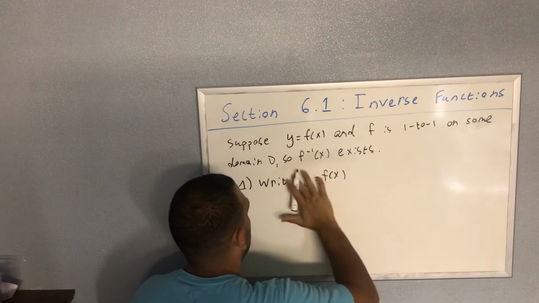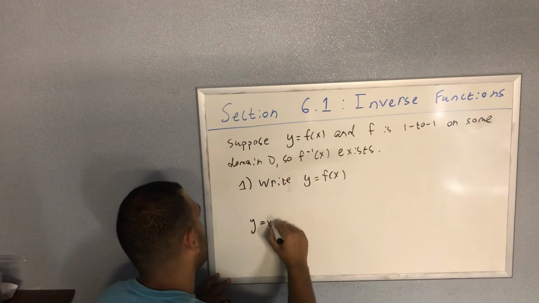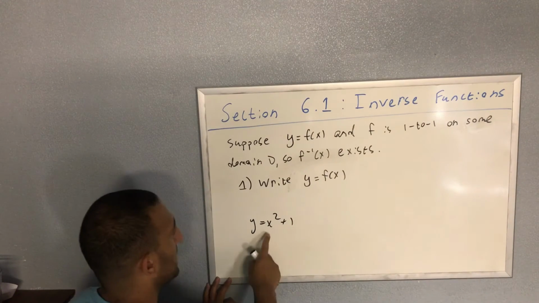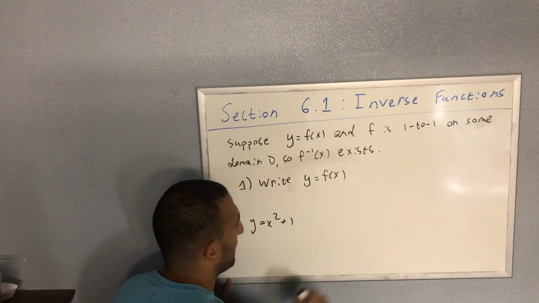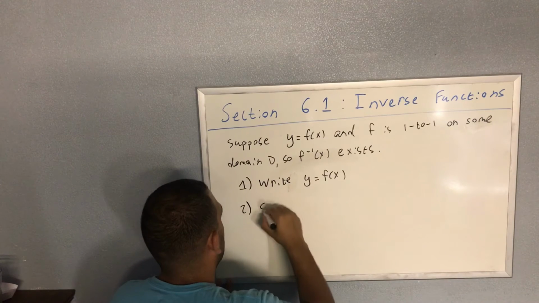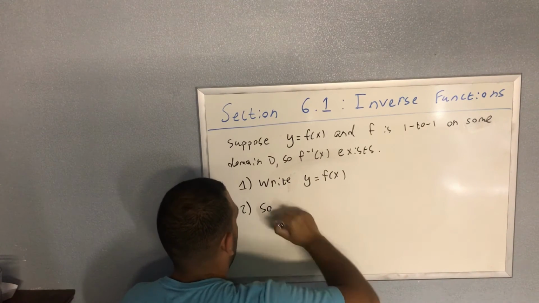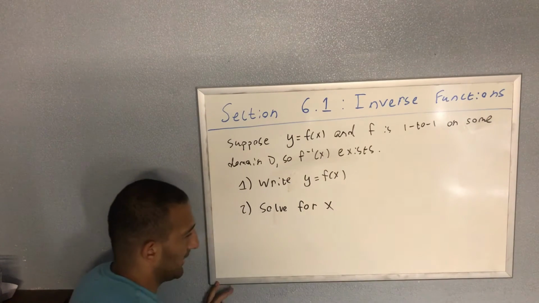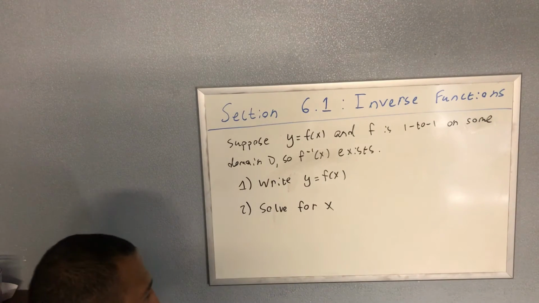Okay, so step 1 is we're going to write y equals f of x. So like y equals x squared plus 1. You just expand this out. Then what you want to do is solve for x. So you want to form an equation in the form x equals. Solve for x. This may or may not always be possible, but if it is possible, you want to do this.